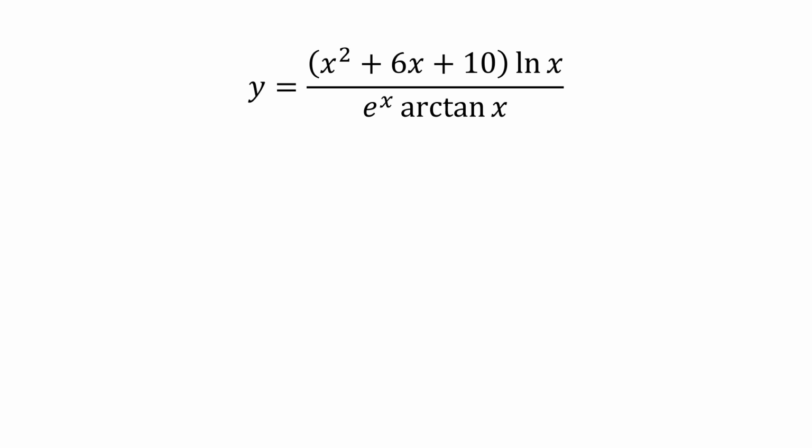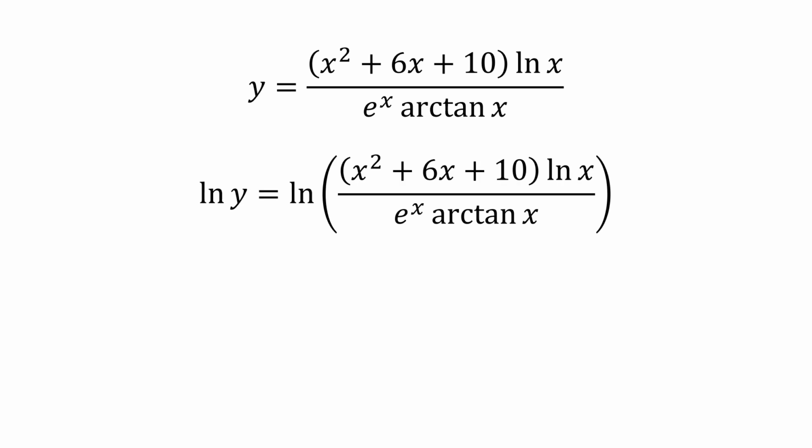We begin by taking the natural logarithm of both sides, which gives ln y equals ln of (x squared plus 6x plus 10) times ln of x, all over e to the x times arctangent of x.